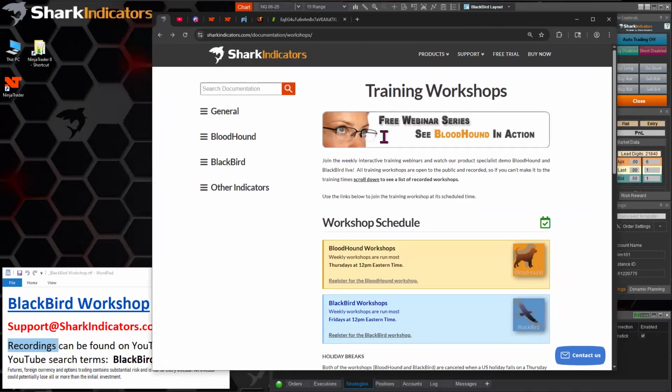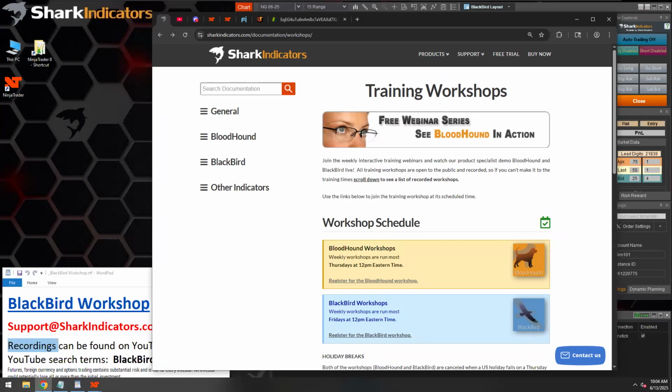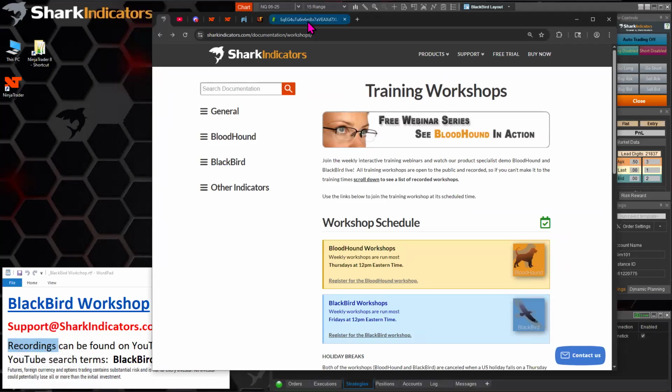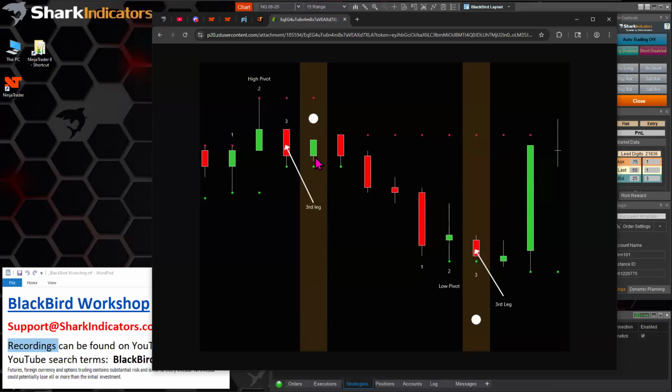While I'm giving a little bit of time to let me know if anybody wants to hear the workshop introduction, we are going to follow up on yesterday's Bloodhound question about generating a signal off of the inside bar, pivot point signal that we built yesterday.